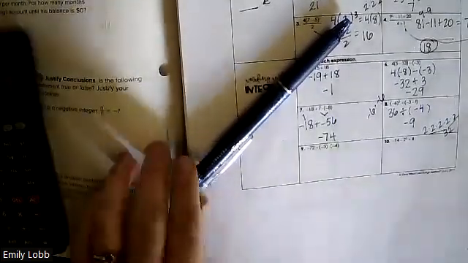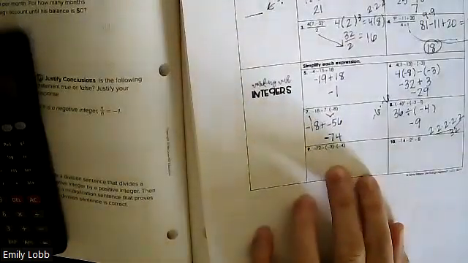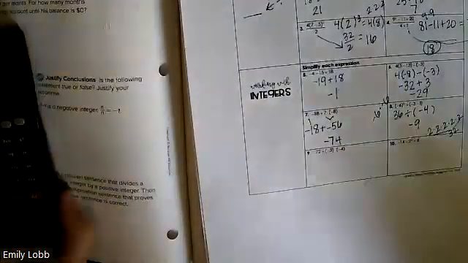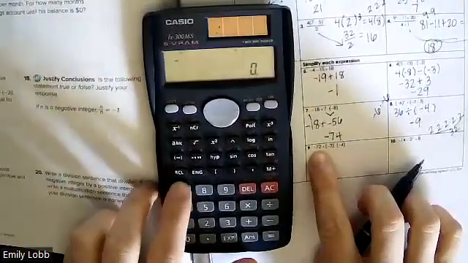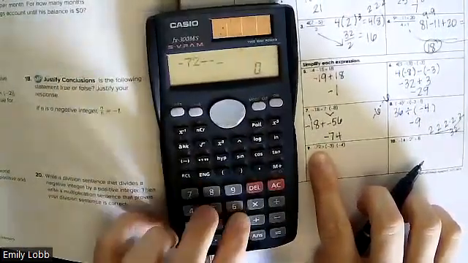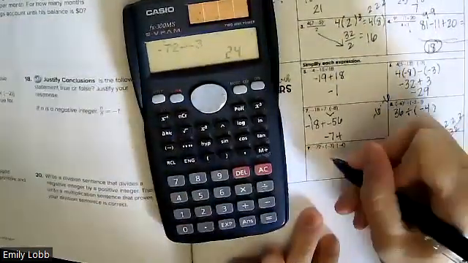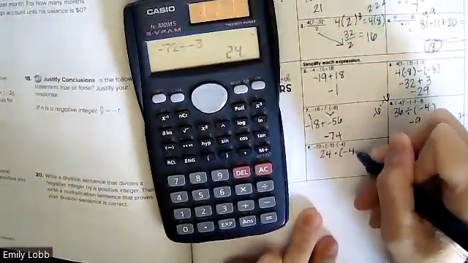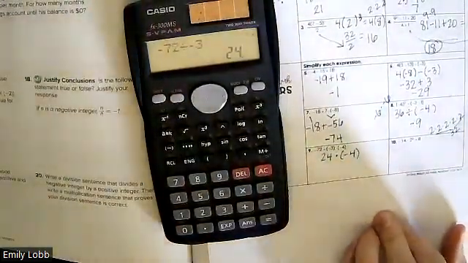Thank you. So typically we would go left to right, but since it's only multiplication and division, it should not affect your answer. But let's see. If we go from left to right, we have negative 72 divided by negative 3, which is 24, right? 24 times negative 4 is what? It changes it, doesn't it?